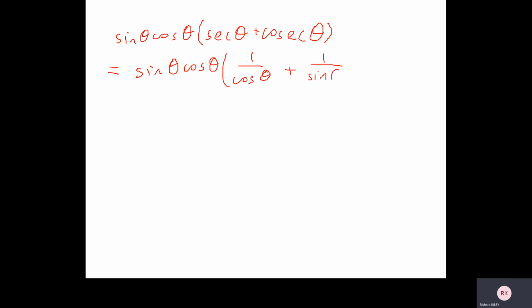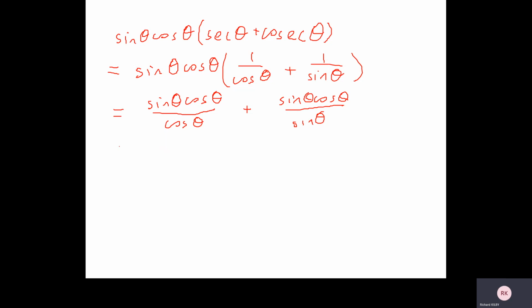Now, I understand why you might be inclined to add those, because if you've got fractions, the temptation often with these is to add them. But we were asked to simplify it, and if we just multiply these out as 2 separate terms, first of all, let's see what we get. We get sine theta cos theta over cos theta, and we get sine theta cos theta over sine theta.